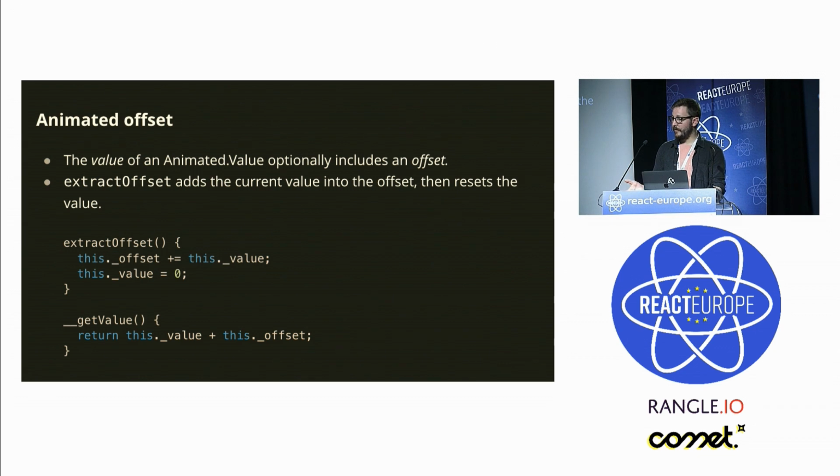And so this is exactly what we need to do in this case, because when we reset the translation Y and translation X to 0 when we start the next gesture, we want that to be like, we're calling set value on this, and so it'll be that value plus whatever the offset is so far. And yeah, so this is pretty much the solution for how to handle that.